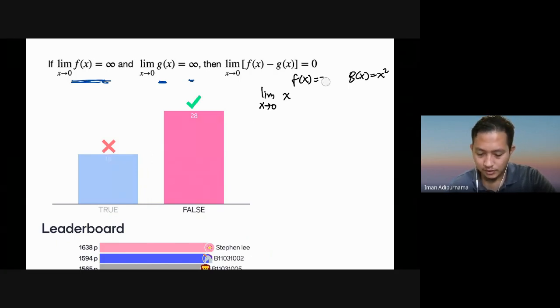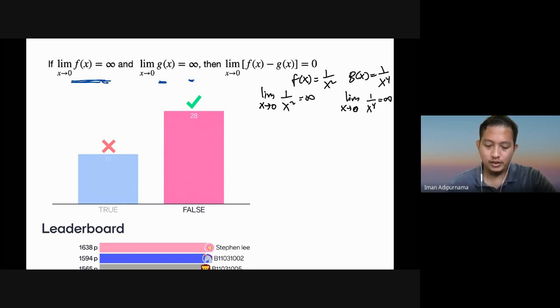Wait, I think it's better to have 1 over x squared, 1 over x to the fourth. This will be this, and this will be this. And this term here is not 0.